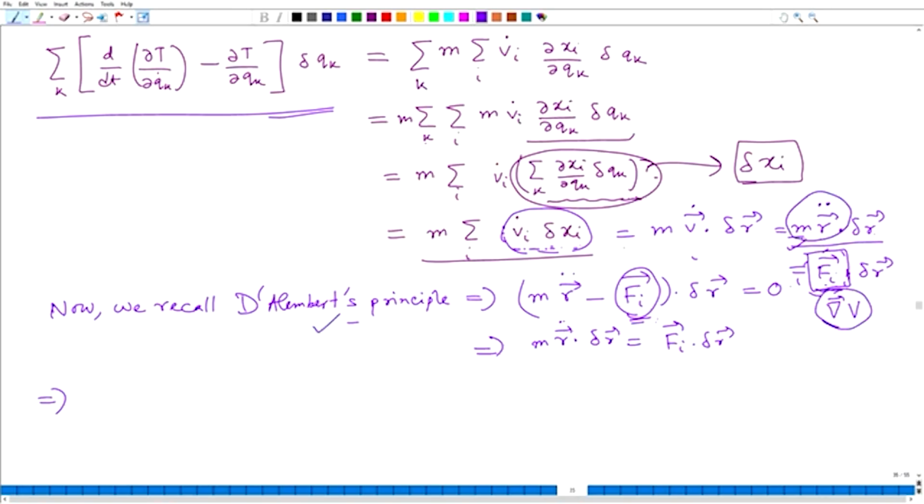From D'Alembert's principle, you have this one dot delta r is equal to f i dot delta r. You just put that f i is some force, I understand, no problem for that, and I write f i as gradient of v or minus gradient of v according to our convention. Okay.